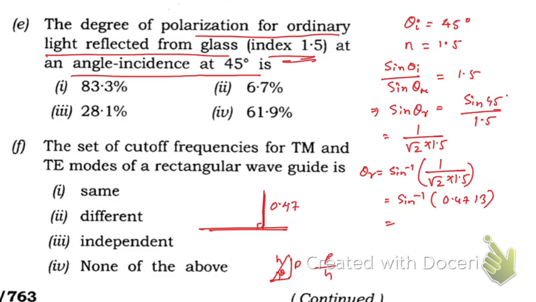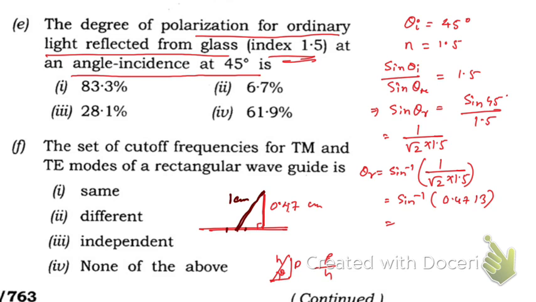In your scale you cannot draw 4.713, so take approximately 0.47 centimeter, and take a point on this line such that the hypotenuse becomes equal to 1 centimeter. You can manage that using the scale, right?